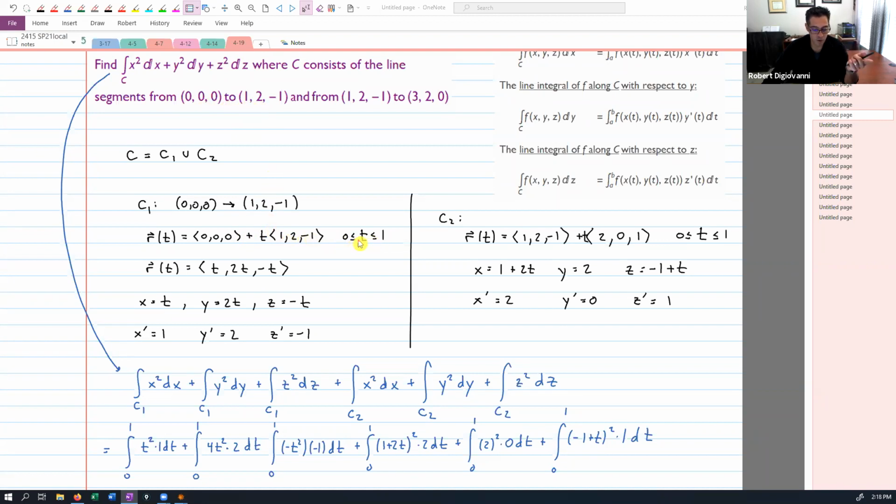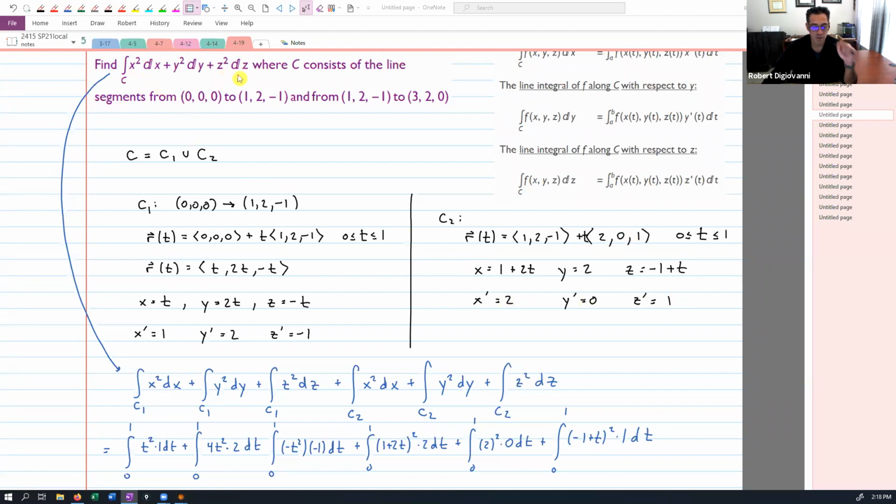T goes between 0 and 1. Distribute the t through. Here's my vector function: X component, Y component, Z component, and the derivatives of each one. Then I do the same thing for C2, which would go from here to here. Vector function, distribute t. Here are my X, Y, and Z components and their derivatives. Questions on that?